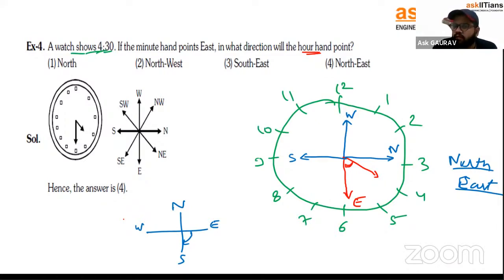The opposite will be west, right? And from east, if you move clockwise 90 degrees, you will reach south. It means 9 will be south and 3 will be north. So 4 will be in the direction of northeast. So option 4 will be the right answer.